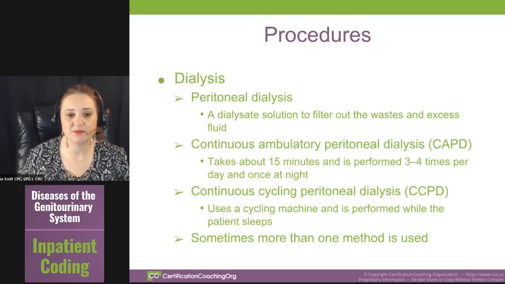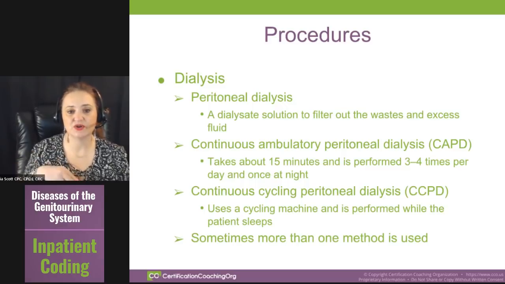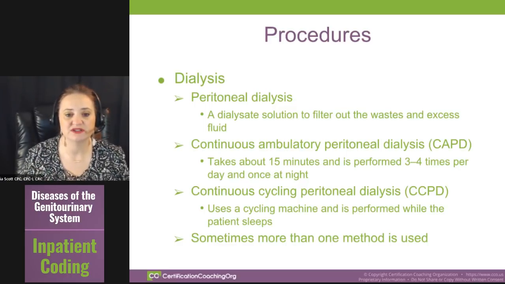Dialysis can also be done as peritoneal dialysis, and what this does is it's internal. So you have a solution that filters out the waste and the excess. You can have continuous ambulatory peritoneal dialysis, or CAPD. This takes about 15 minutes, and you do it 3 or 4 times per day and once at night.